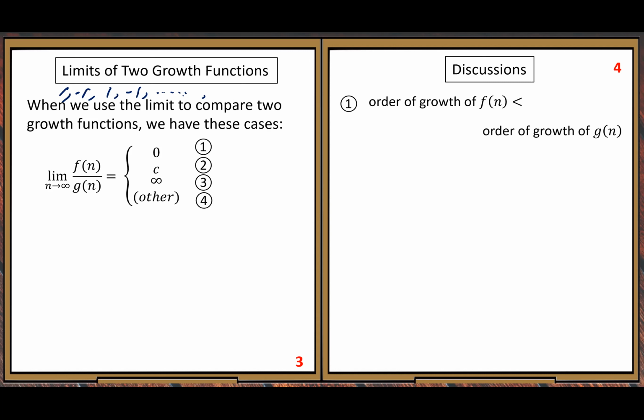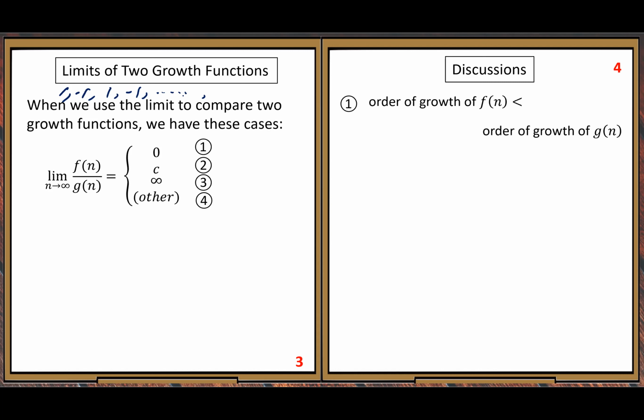The f function grows with a certain order, so we call it order of growth. For example, square order, cube order, fourth degree, that kind of order. Logarithm also is an order of growth. So we use this concept, order of growth.